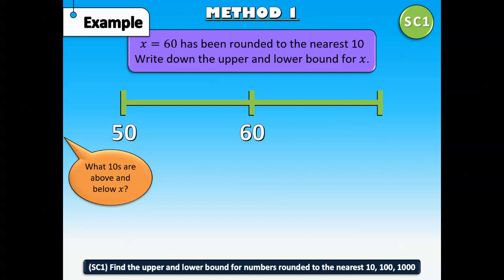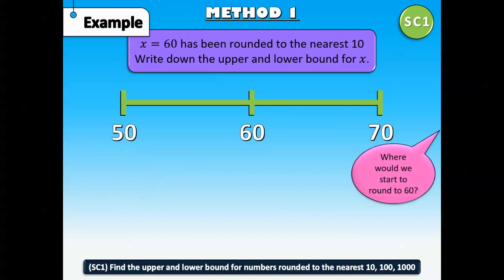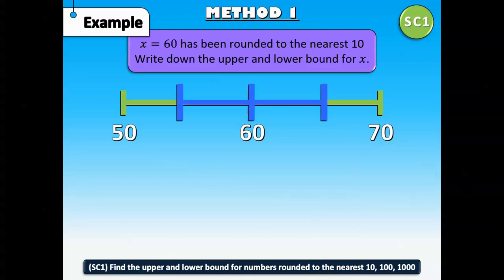The 10 below 60 would be 50, and the 10 above 60 would be 70. Now, if a number's been rounded to the nearest 10, and it's been rounded to 60, that means the smallest it could have been would be 55, and it's got to go up to 65.